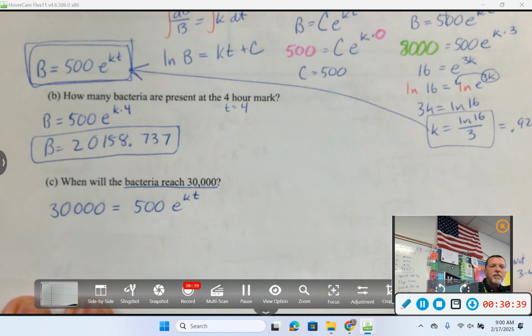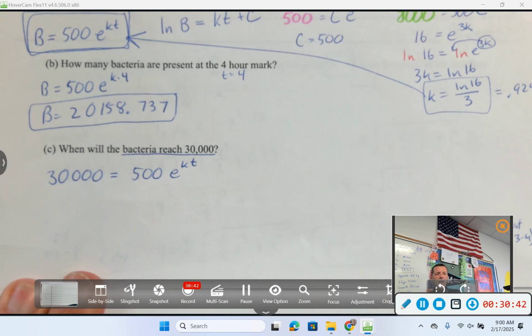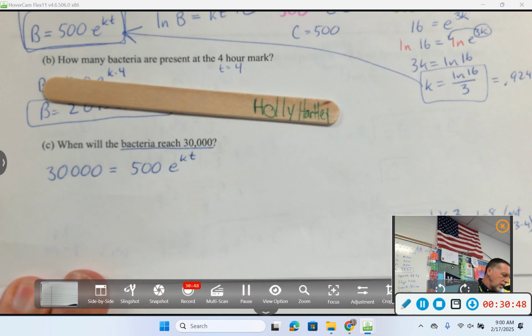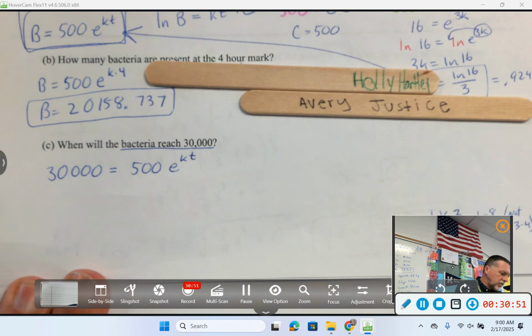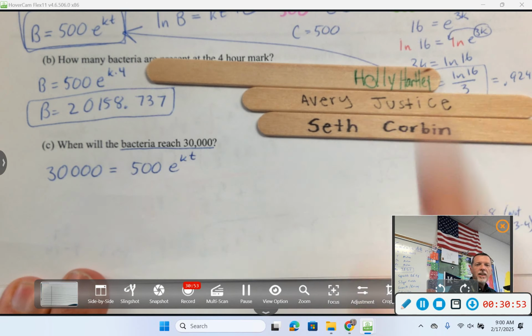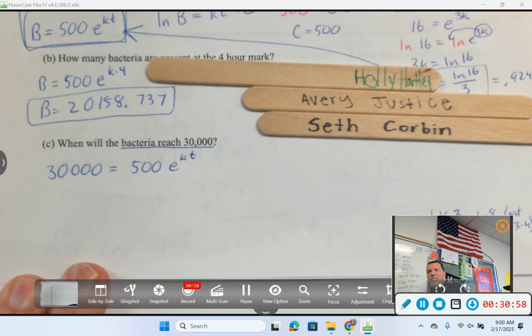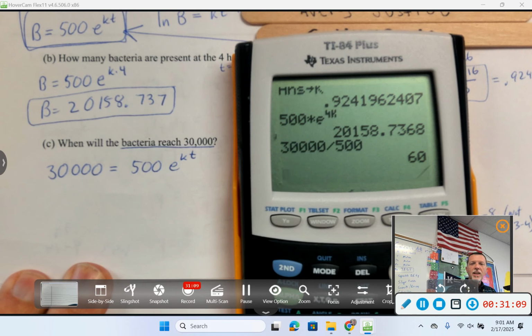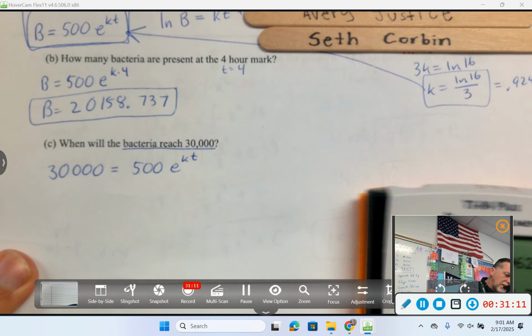And then I've got to figure out what T is. So more algebra for us. Algebra all-stars all over the place left here. So, Holly, all-star algebra number 1, what should we do first to start to get T by itself? Divide by 500. Maybe I should be able to do that in my head, but maybe I don't want to make a mistake. So 30,000 divided by 500 is 60.